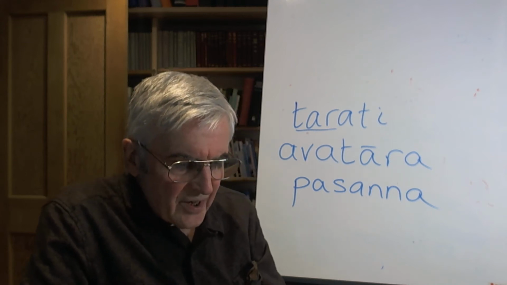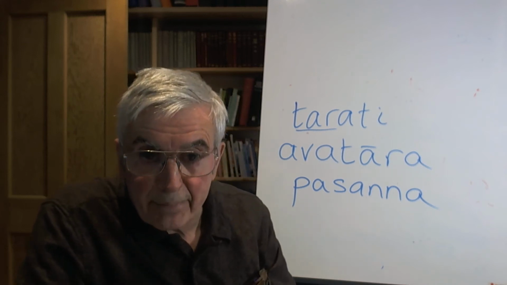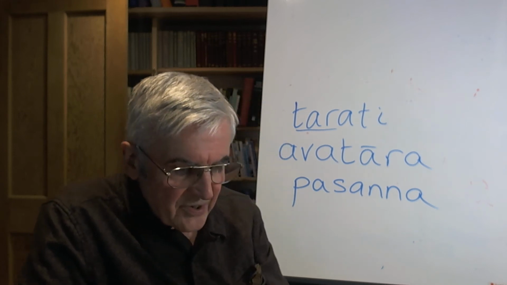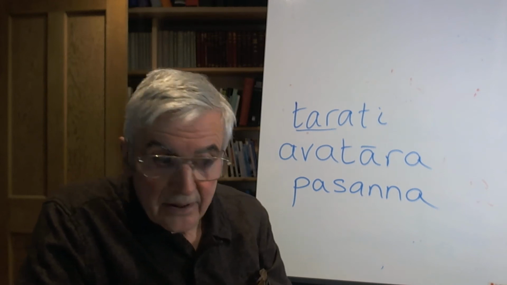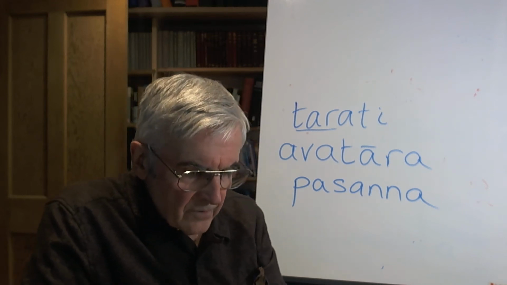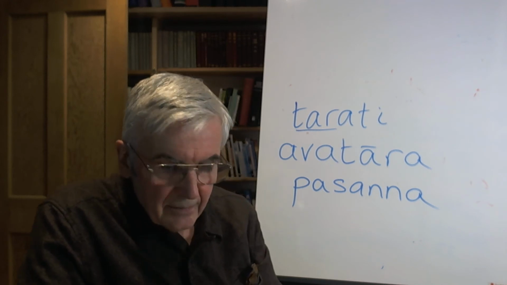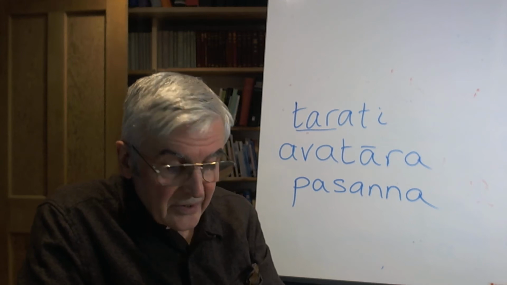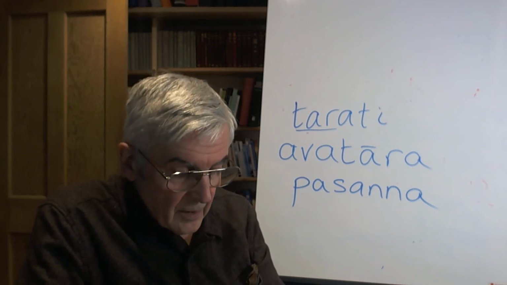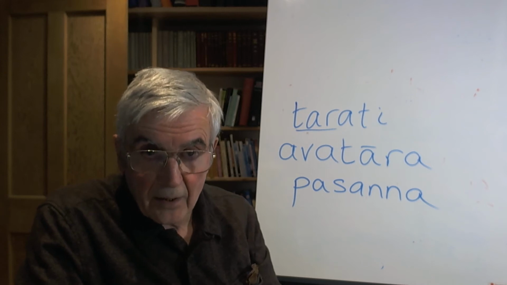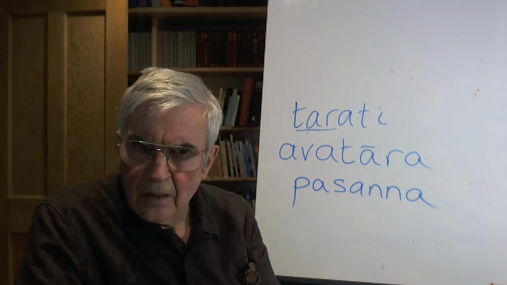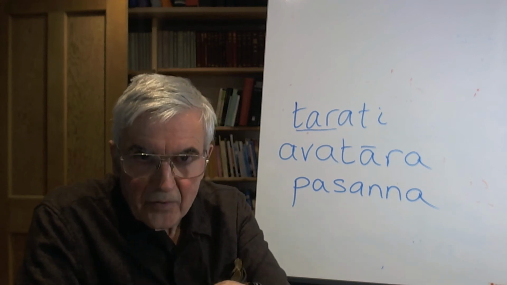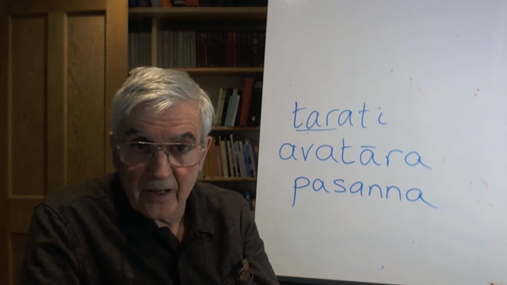Number 3. Vanijo kassakassa nivase bhattam pacati. Vanijo kassakassa nivase bhattam pacati. So vanijo, the merchant, bhattam pacati, cooks rice, kassakassa nivase, in the farmer's house, or more specifically, in the farmer's dwelling. The word more specifically meaning a physical house is geha, from Sanskrit griha.